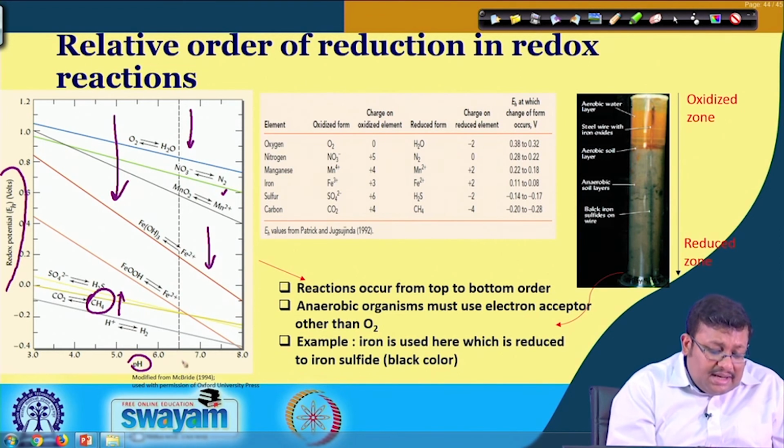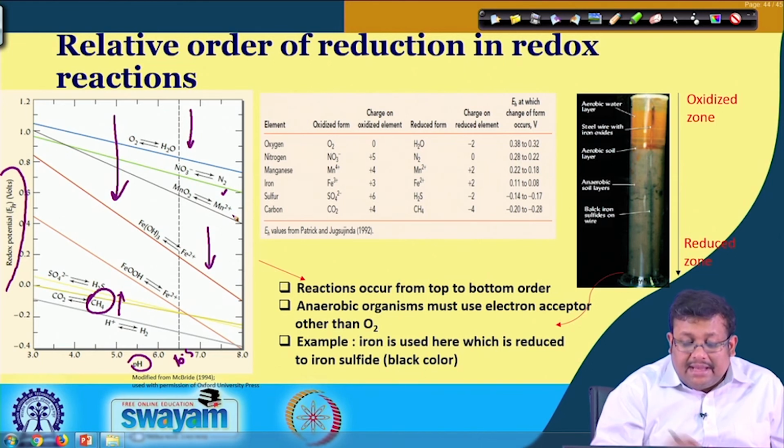So, if we consider pH 7, or pH 6.5, the nitrate will undergo reduction to nitrogen first, followed by MnO2 to Mn2+, and this basically shows the same thing.